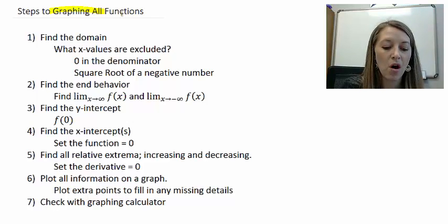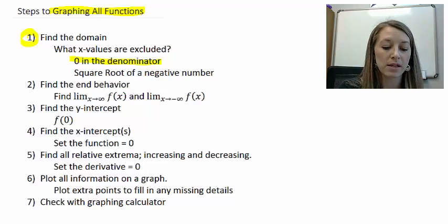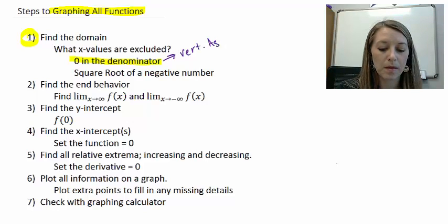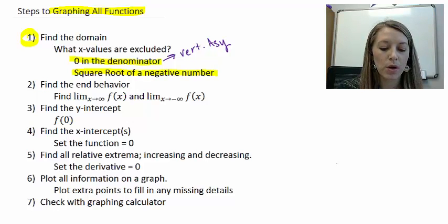Steps to graphing all functions. Number 1, we find what values are excluded from the domain, meaning if there's a denominator, what makes that denominator 0? Because that gives us the vertical asymptotes. If we have square roots, we know that we can't take square roots of negative numbers.